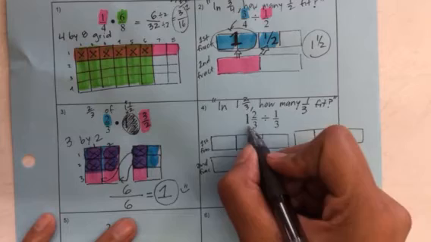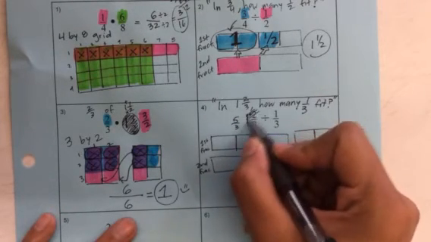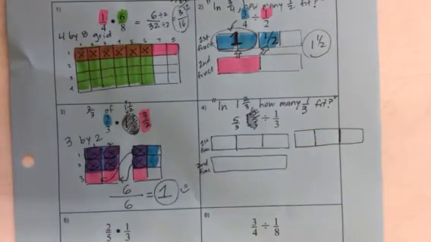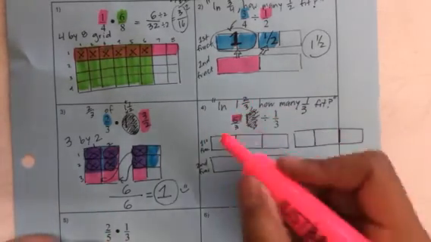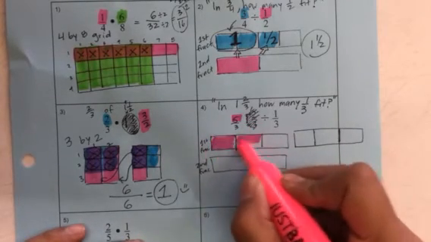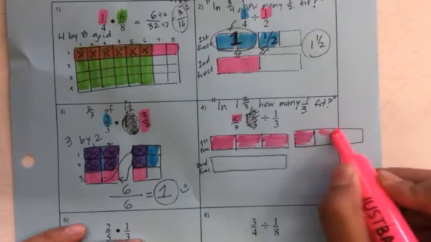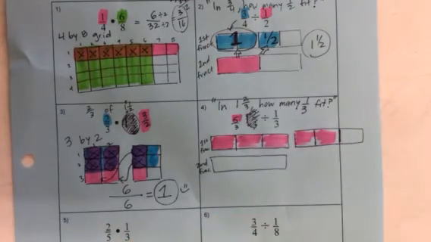That's 5 thirds. Or just simply multiply and add. Let's make this one pink. This is 1 third, 2 thirds, 3 thirds, 4 thirds, 5 thirds, which is the same thing as one whole piece and 2 thirds.